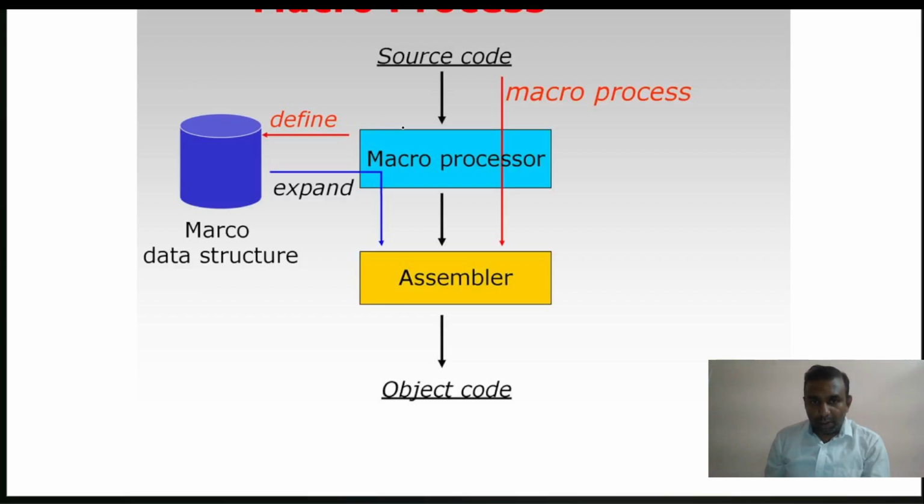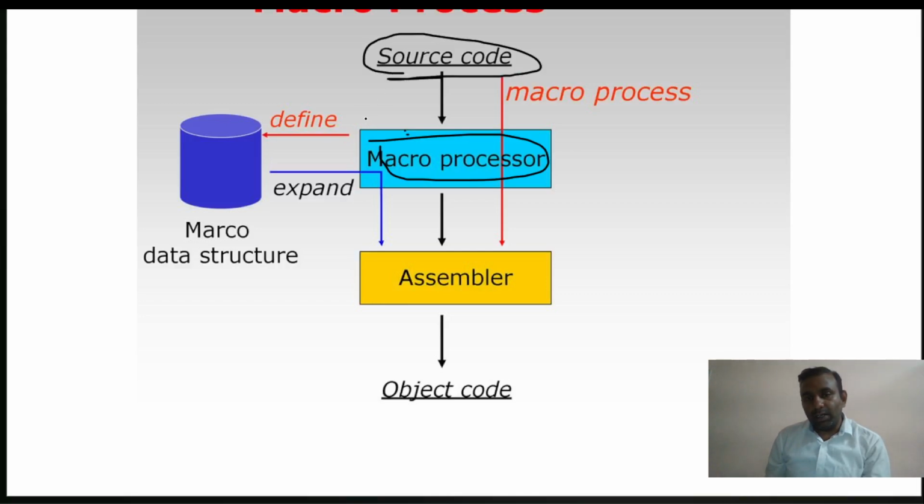So this is the macro processor. We can see it in the diagram. What does the macro processor do? When your source code contains macro calling statements, some lines of code are repeated again and again. So instead of those lines we generate one macro for those lines and call this macro in our source code.